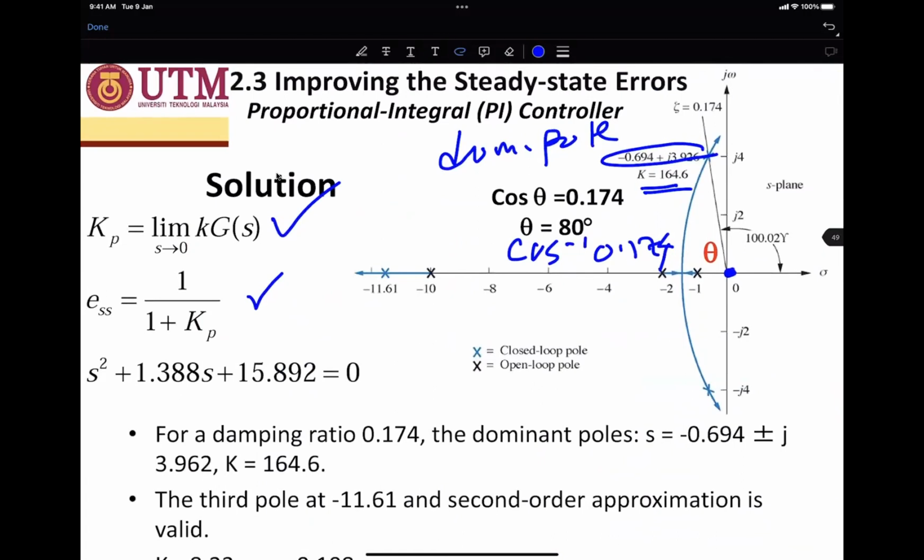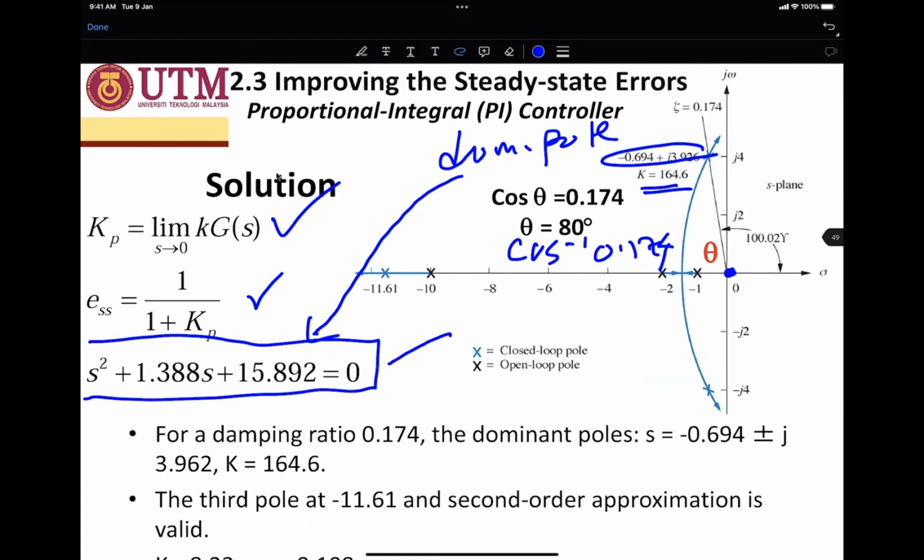The dominant pole can be rewritten using the quadratic equation, which is s squared plus 1.38s plus 15.89. If you find the roots of this, the roots are the dominant pole, which is minus 0.694 plus j3.9, and minus 0.694 minus j3.9.